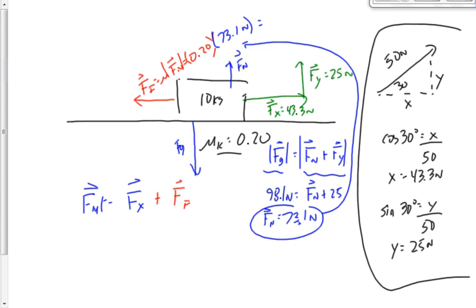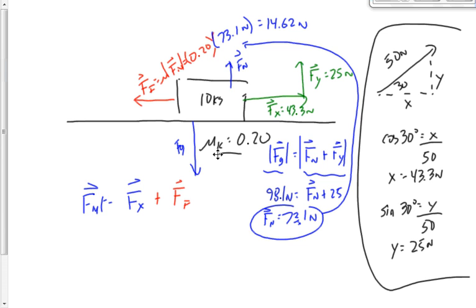0.20 times 73.1 is going to give me 14.62 newtons. So now I can plug in all the other stuff.